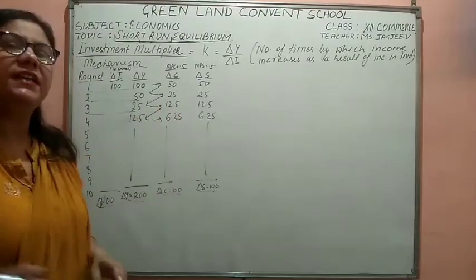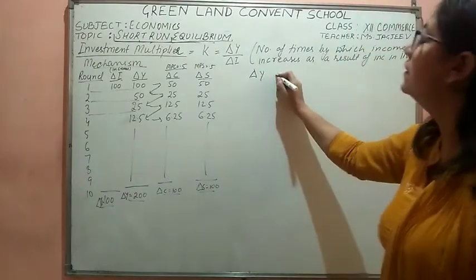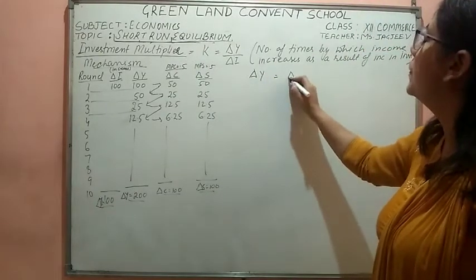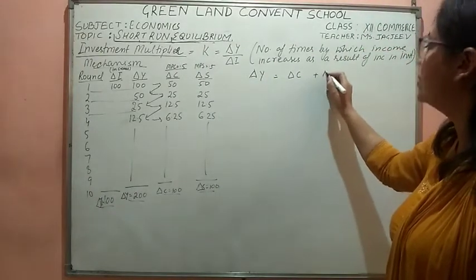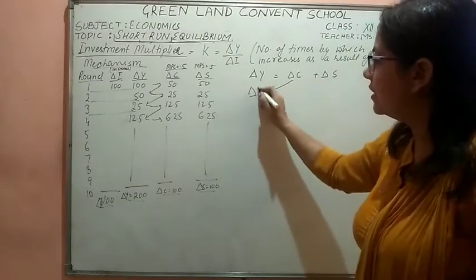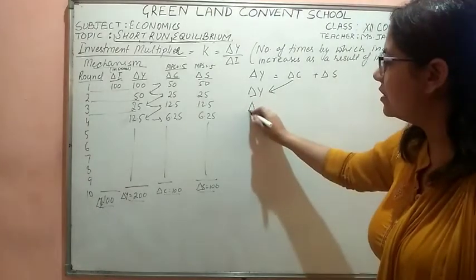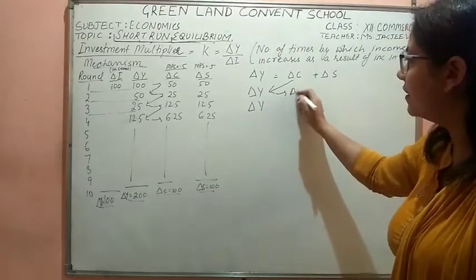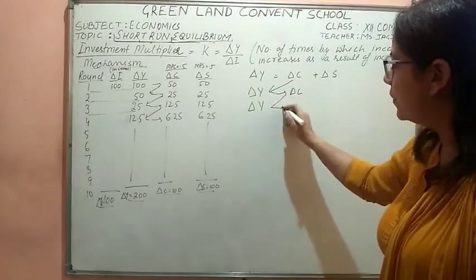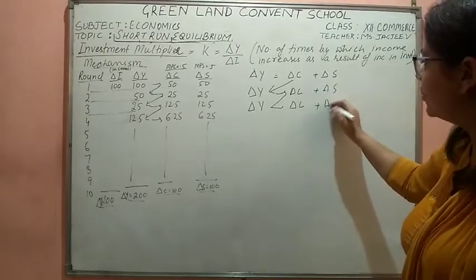And likewise every time, whatsoever change in income is there, it splits into 2 parts, change in consumption and change in savings. Whatsoever change in consumption is there will again become change in income. In this way change in income keeps becoming more. So we are leaving aside change in savings.